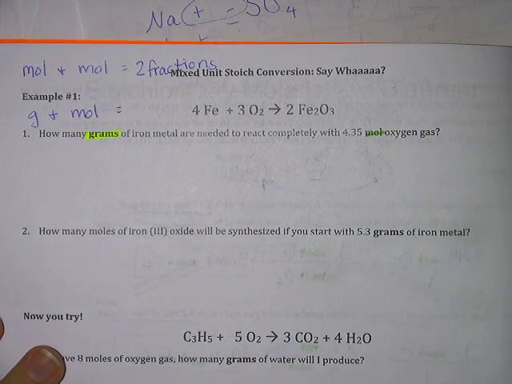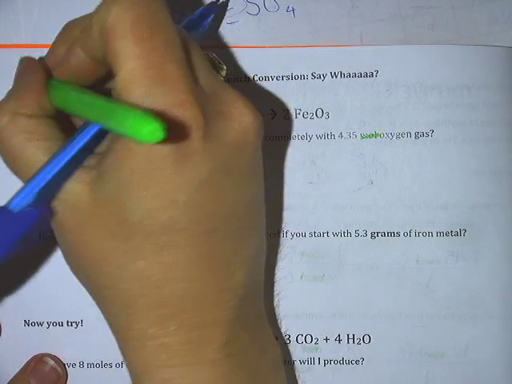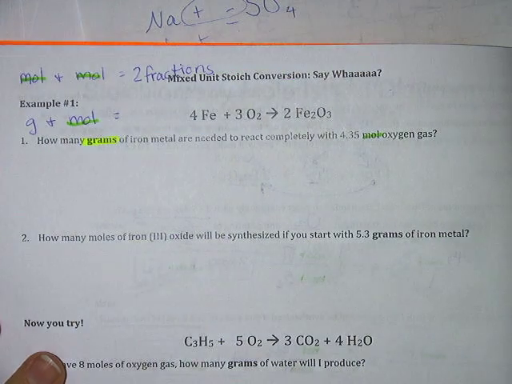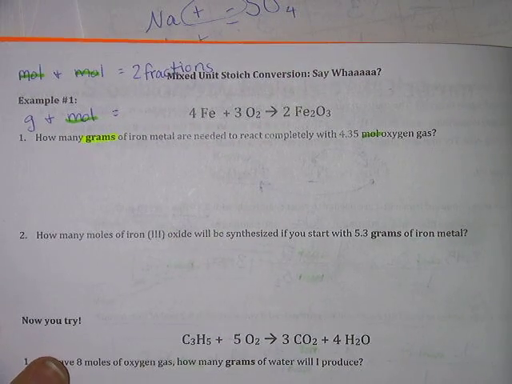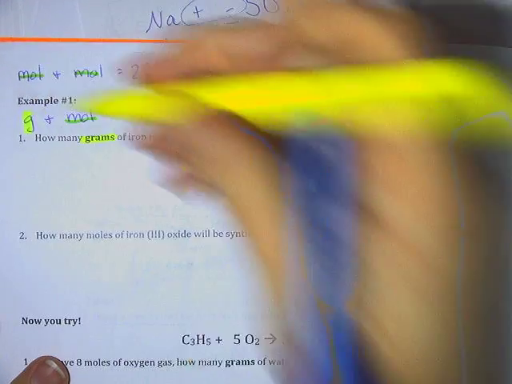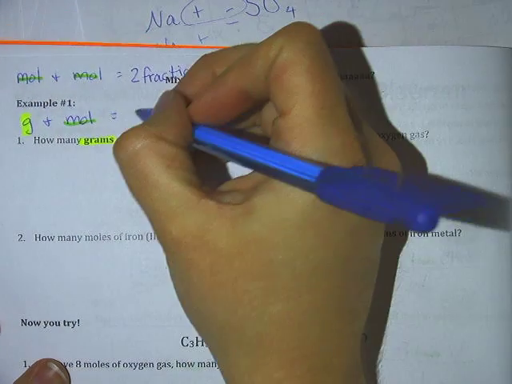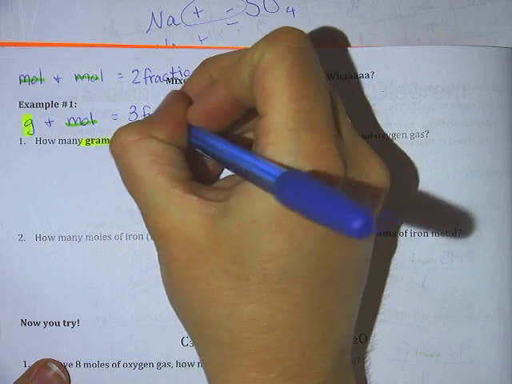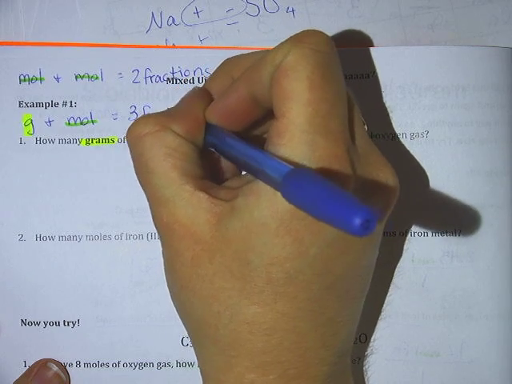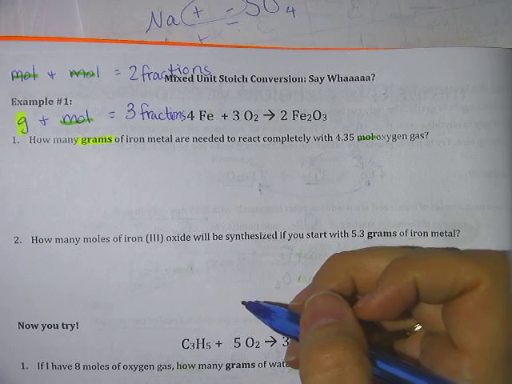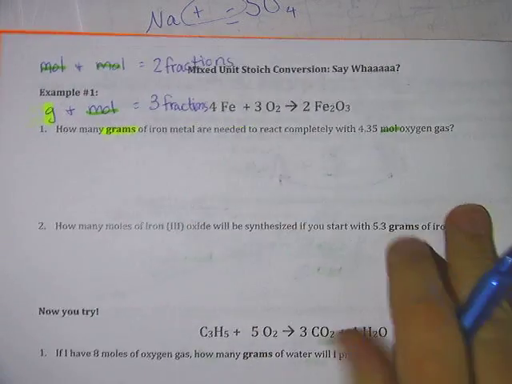Some problems will be moles and moles, which is 2 fractions. Some problems will now be grams and moles, which is 3. If you have grams, that's going to get added on. Now it's 3 fractions. Eventually, we'll get to 4, but not today.